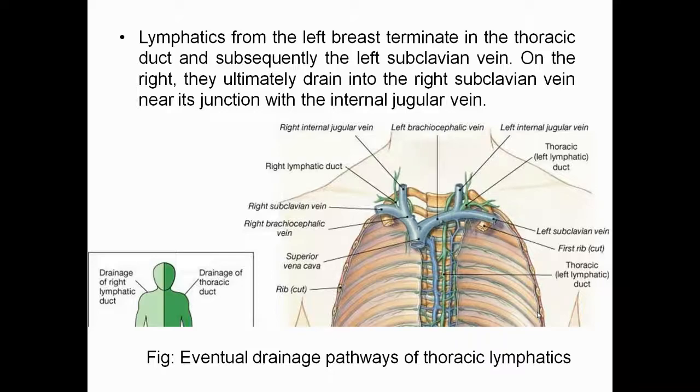Lymphatics from the left breast terminate in the thoracic duct and subsequently the left subclavian vein. On the right, they ultimately drain into the right subclavian vein near its junction with the internal jugular vein.